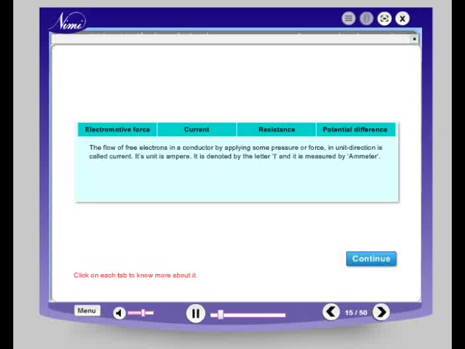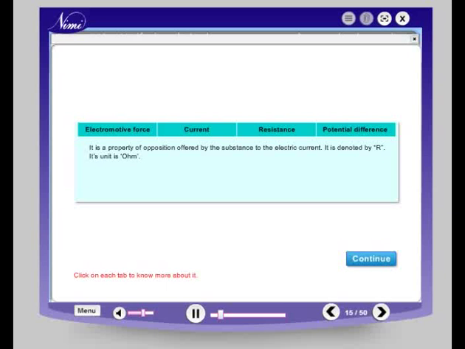Current. The flow of free electrons in a conductor by applying some pressure or force in unit direction is called current. Its unit is ampere. It is denoted by the letter I and it is measured by a meter. Resistance.